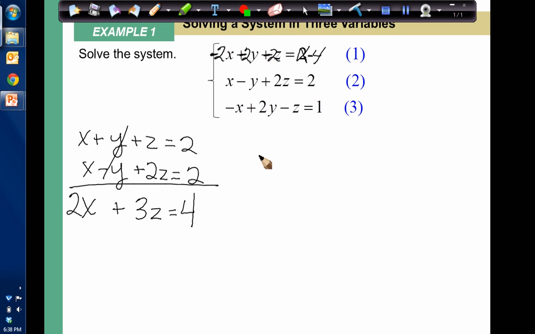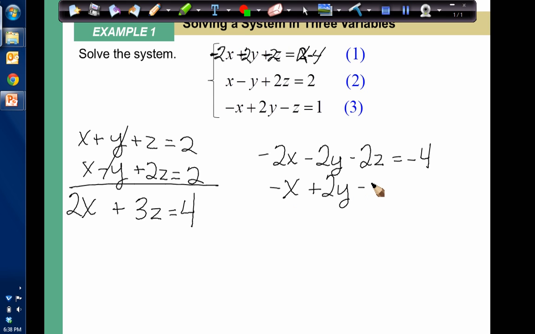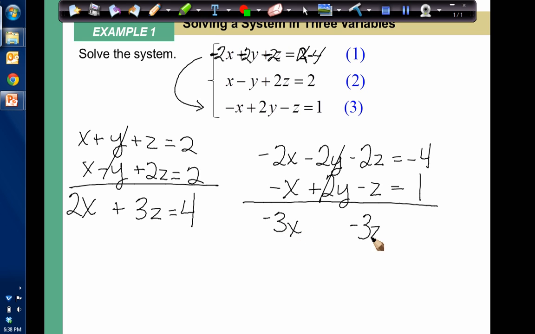Then I'm going to add that equation, negative 2x minus 2y minus 2z equals negative 4, to this last equation, 2y minus z equals 1. And the reason I decided to multiply this by -2 before I added it to equation 3 is so that I could again cancel out my y's. I'll have negative 3x minus 3z equals negative 3.